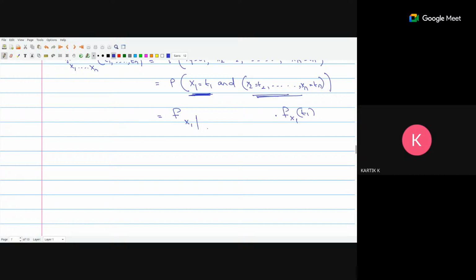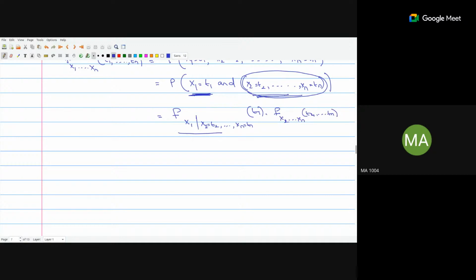Yeah, so this is the way. I am taking the conditioning on this now. I don't want to condition on X1, so let us condition on X2 equal to t2 up to Xn taking tn, at t1, times f_{X2...Xn}(t2,...,tn).